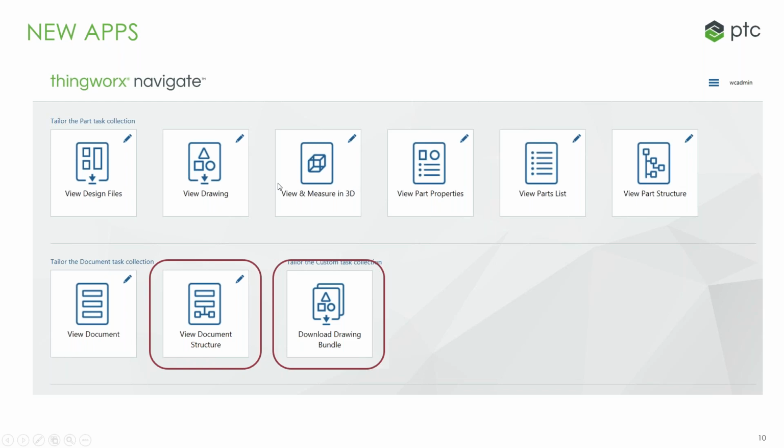If you're not using that option, but looking at the part or drawing through the View Design Files or View Drawing app, and that native Creo, SolidWorks, UG or Inventor file has been published to a PDF, you'll be able to open that native PDF.